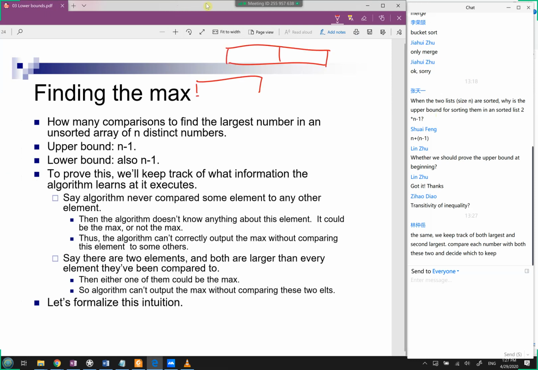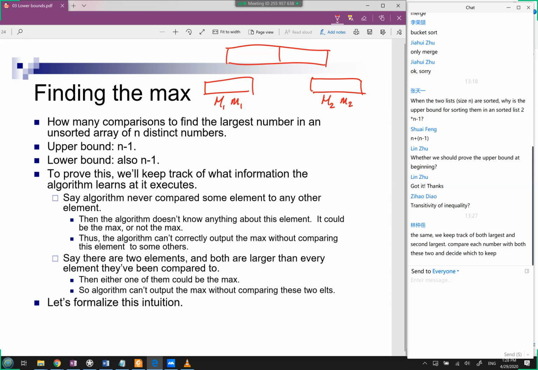Then you find the maximum, let me call that big M1, and the second maximum, small m1. And then here you find the maximum value, M2, and the second maximum value, m2.